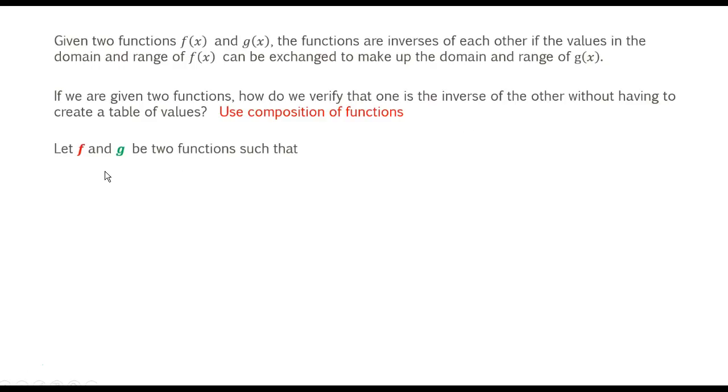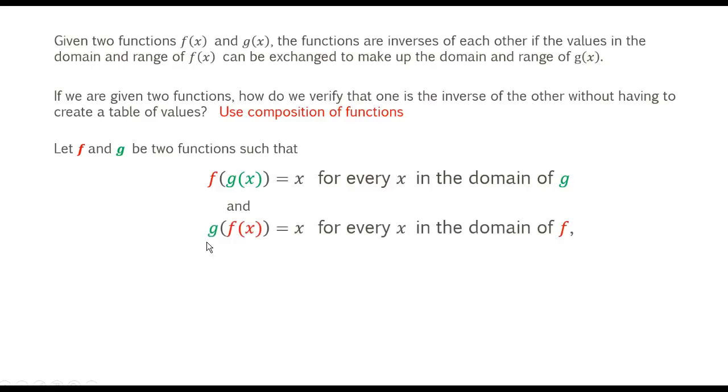Let f and g be two functions such that f composed of g of x, f of g of x, equals x for every x in the domain of g, and g of f of x equals x for every x in the domain of f. What does this actually mean?